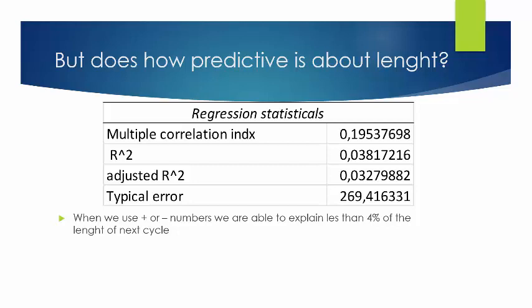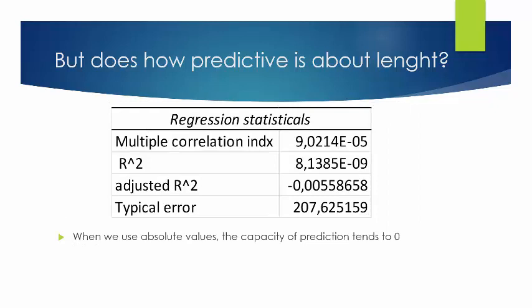And we came to the conclusion that the length, using positive or negative numbers, so negative when it's a negative trend, positive when it's a positive one, is less than 4%. So that means that we can predict more or less that after a bullish trend will come, with a 2/3 probability, the other sign trend, but we cannot predict how long it's going to be.